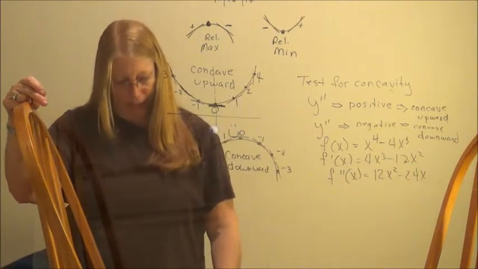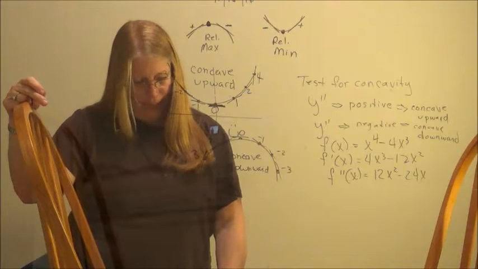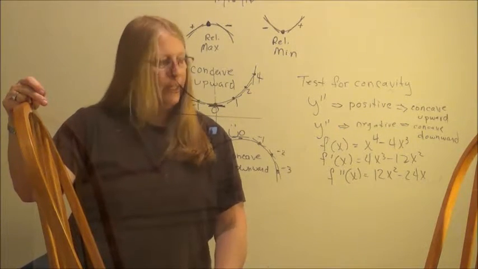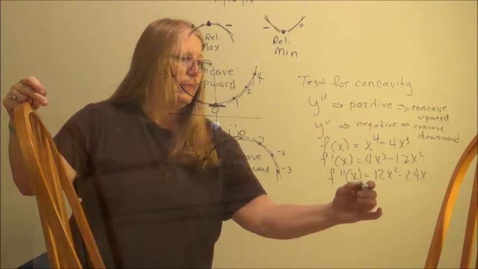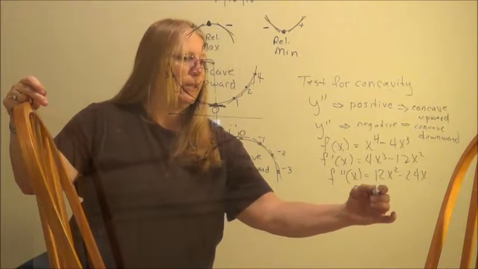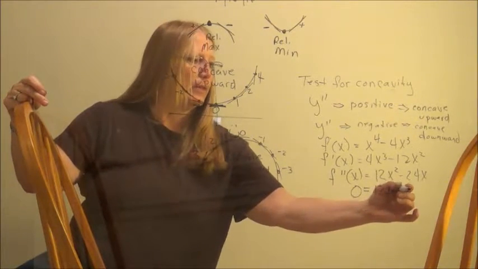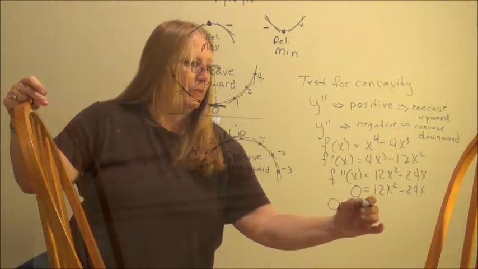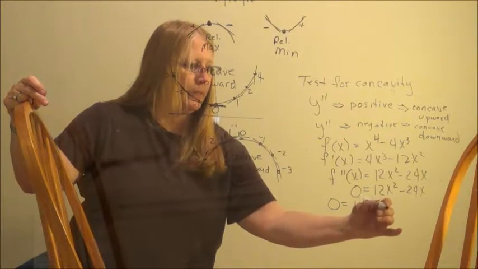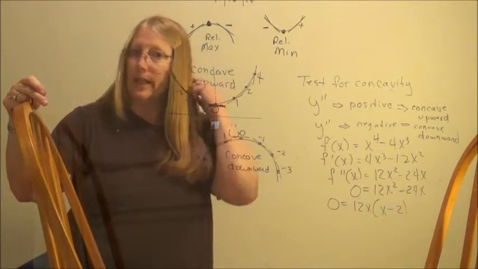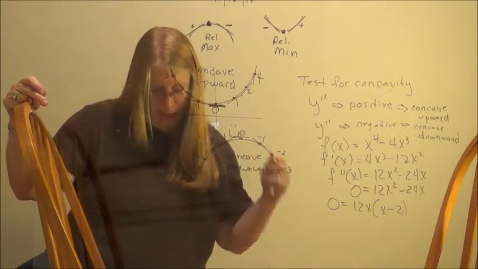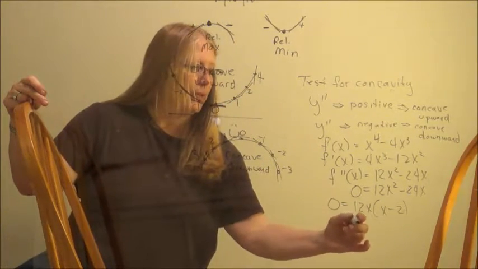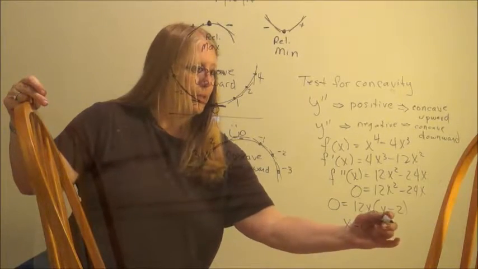And now that we have the second derivative, let's find where it is 0. So we're going to set this equal to 0, and factor it. Pull out a 12x and we get an x minus 2. So setting each of those factors equal to 0, we get x equals 0 and x equals 2.